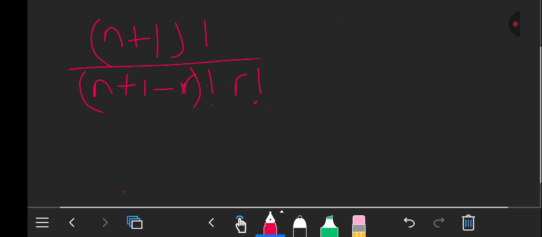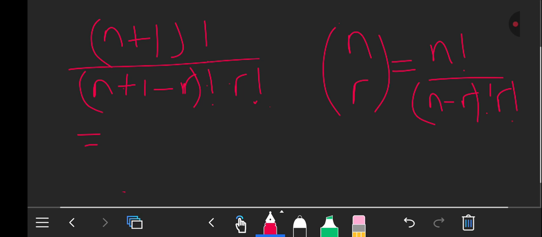So this is simply saying, when we compare to n combination r, which is equal to n factorial over n minus r factorial r factorial, we discover that our n in this case is n plus 1. So we substitute there.